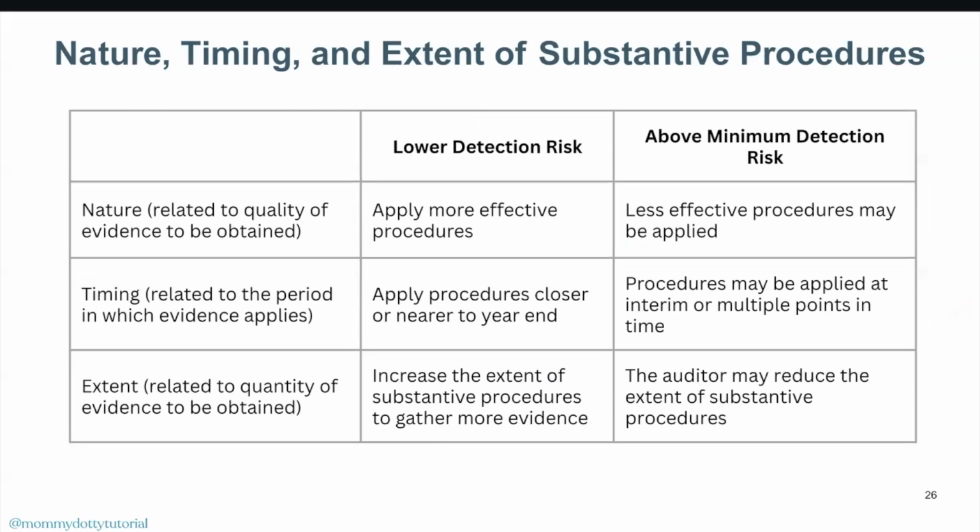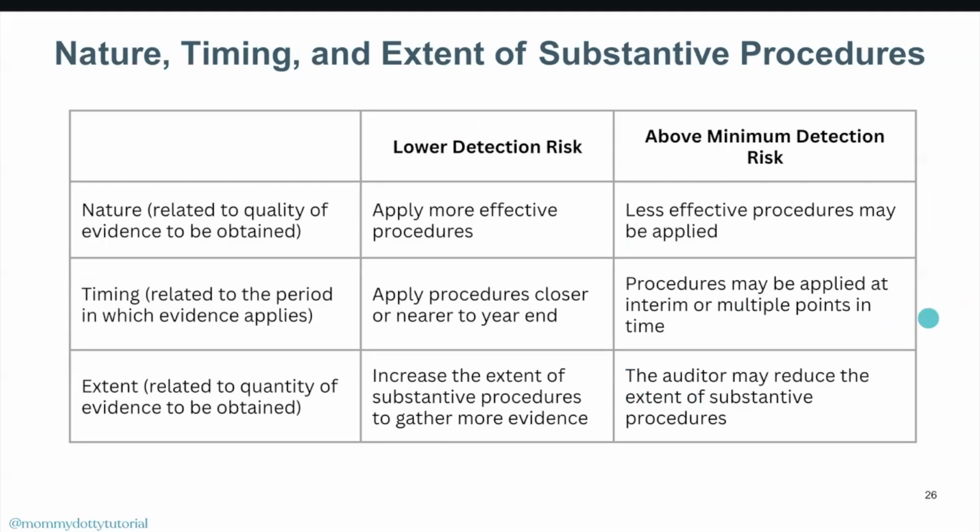The nature, timing, and extent of substantive procedures to be applied by the auditor will be dependent on the level of planned detection risk. Remember, there is an inverse relationship between detection risk and the assurance provided by the substantive procedures. So if the auditor would like to reduce detection risk, the auditor needs to perform more effective procedures.